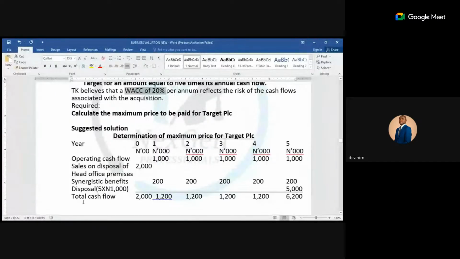Now, what will be the DCF for the company? It is 20%, right? So this will be 1.